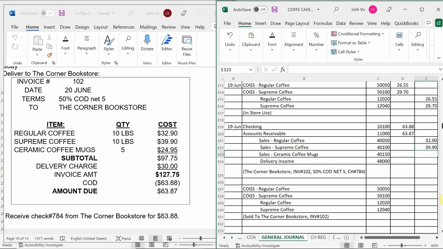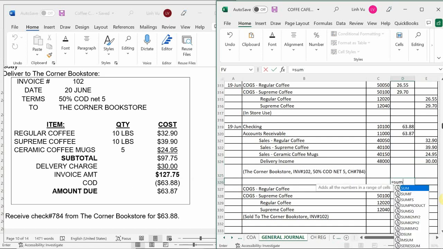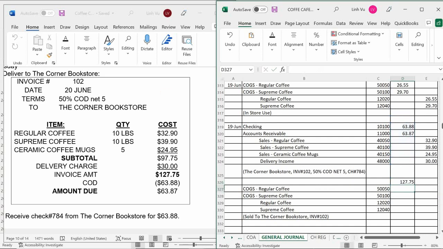And the ceramic coffee mugs, $24.95, plus the $30 delivery fee. So I have $127.75 on the left, $127.75 on the right. So no typo.